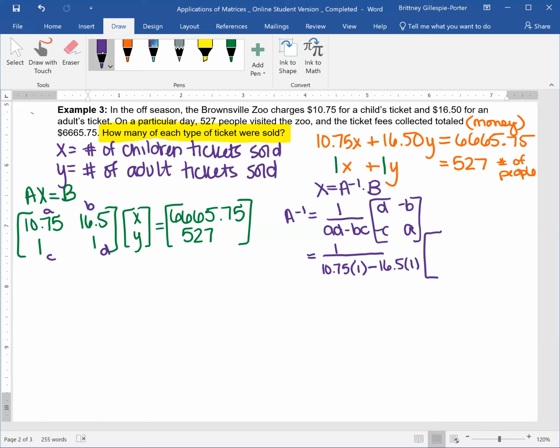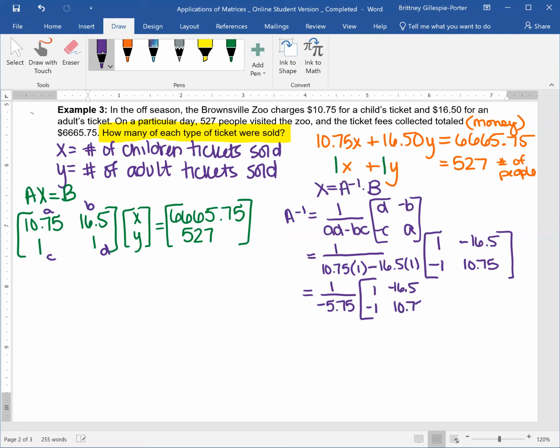In our crazy matrix, the 1 and the 10.75 flip-flop, and we negate on the backswing, so -1, -16.5. If you take the 10.75 minus 16.5, you wind up getting 1 all over -5.75 times our crazy matrix.